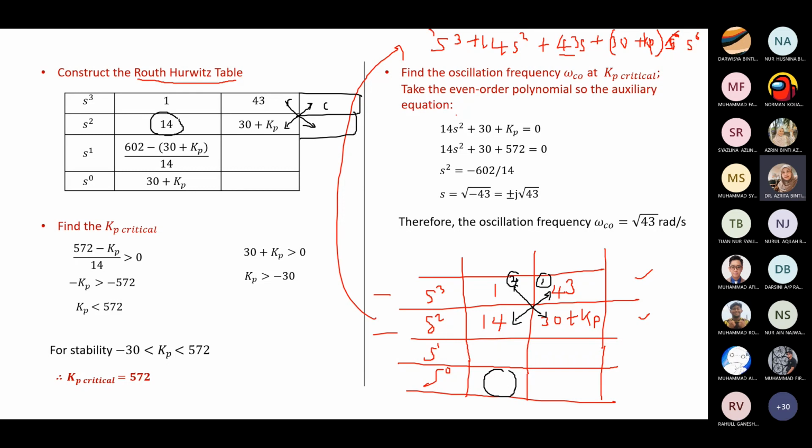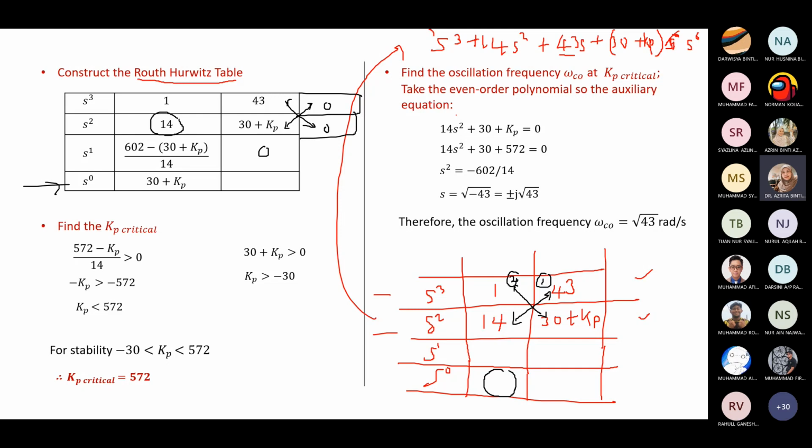Since there is no value here, 0, we obtain 0, or we don't put anything in this cell. For the next row, the s power of 0 row, it is the same concept.